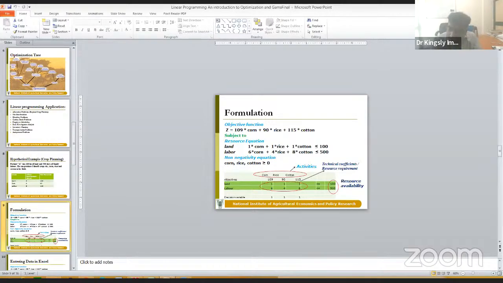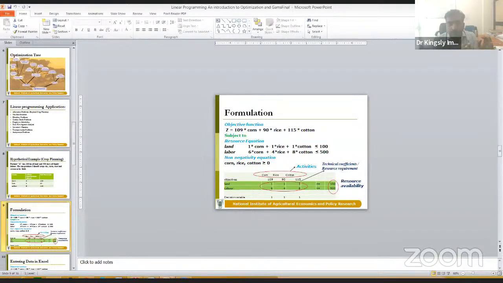Next, this is our objective function. What is our resource equation? The resource equation could be two, because our limited resources are land as well as labor. Let us first solve for labor, because in our case we are only talking about area allocation. Majorly we are allocating the area. So our model has to return the result, that is, the area under each crop.